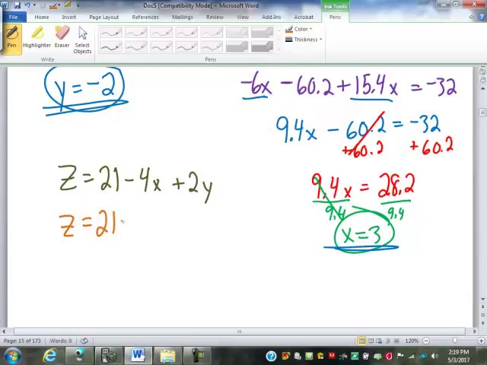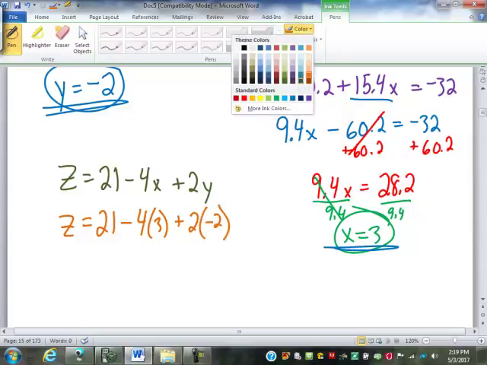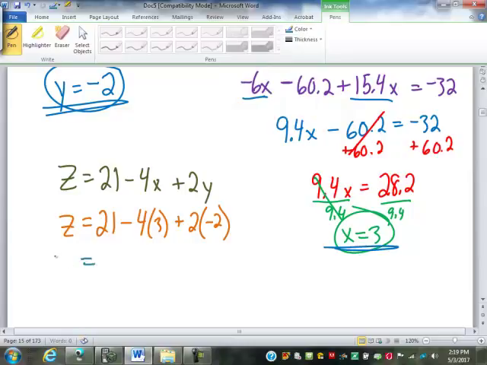So z equals 21 minus 4 times 3 plus 2 times negative 2. So we got 21 here. 4 times 3 is 12, so minus 12, yep. And then 2 times a negative 2 is negative 4. Good.